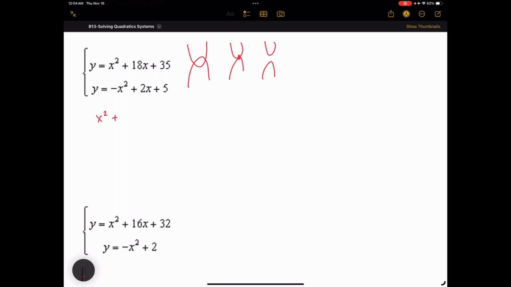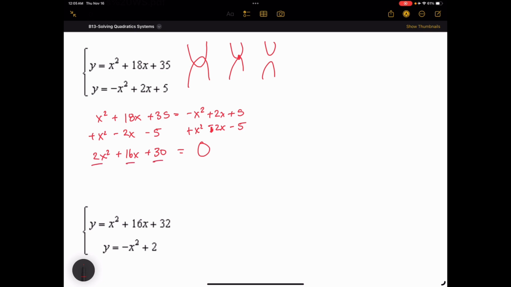x squared plus 18x plus 35 equals negative x squared plus 2x plus 5. I'll move everything to the left. So I'm adding x squared, subtracting 2x, subtracting 5 from both sides. Right hand side, 0. Left hand side, 2x squared plus 16x plus 30. Okay, I have three even numbers. I'm going to divide everything by 2.